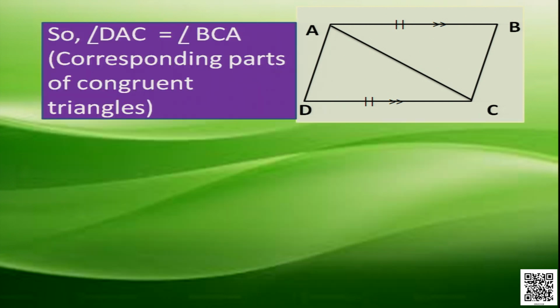As these two triangles are congruent, angle DAC and angle BCA are equal because they are corresponding parts of congruent triangles.